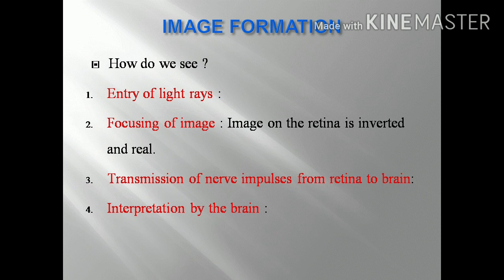Image formation, or how do we see? The four major steps in seeing an object are as follows. First one, entry of light rays.